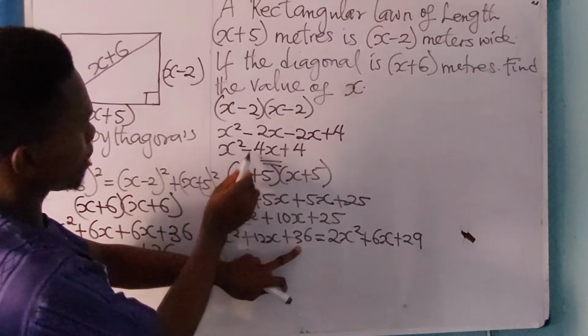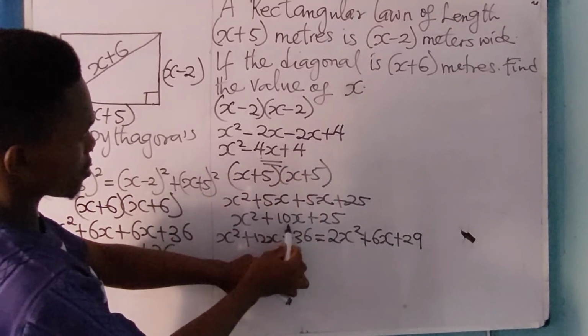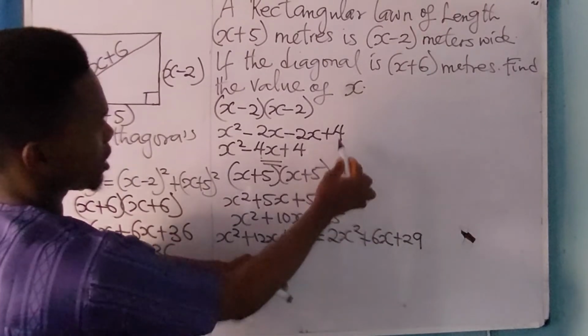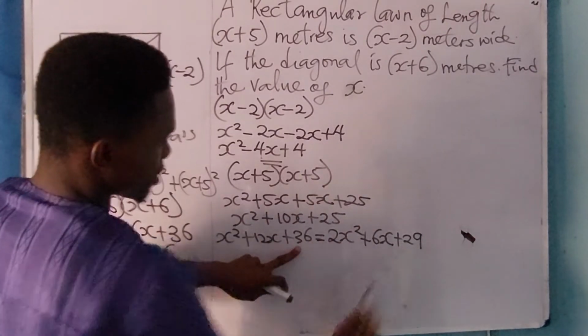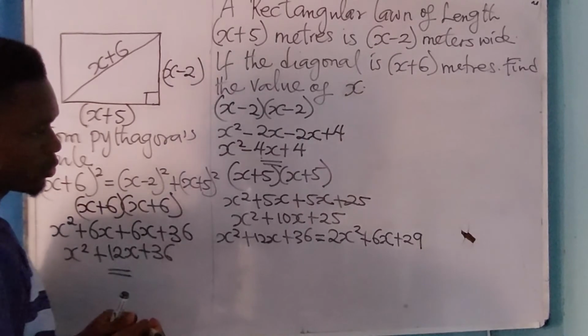Then minus 4x plus 10x is plus 6x. Then 4 plus 25 is 29. So the right hand side is 2x squared plus 6x plus 29. Now we have to solve everything.